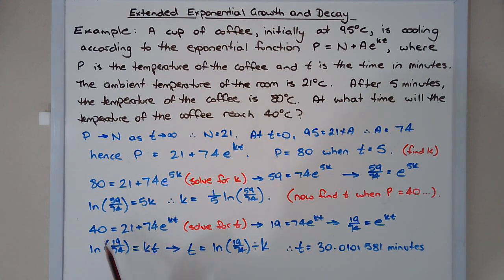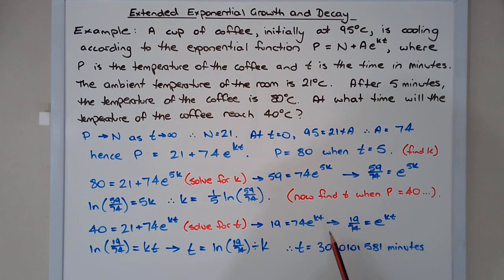We'll rearrange this formula, of course, and make t the subject of the formula. So subtracting 21 from both sides, we have 19 equals 74 multiplied by e to the power of kt. Dividing both sides by 74, we have 19 over 74 equals e to the power of kt. Now remember, we know the value of k already. It's here, we've already determined that.